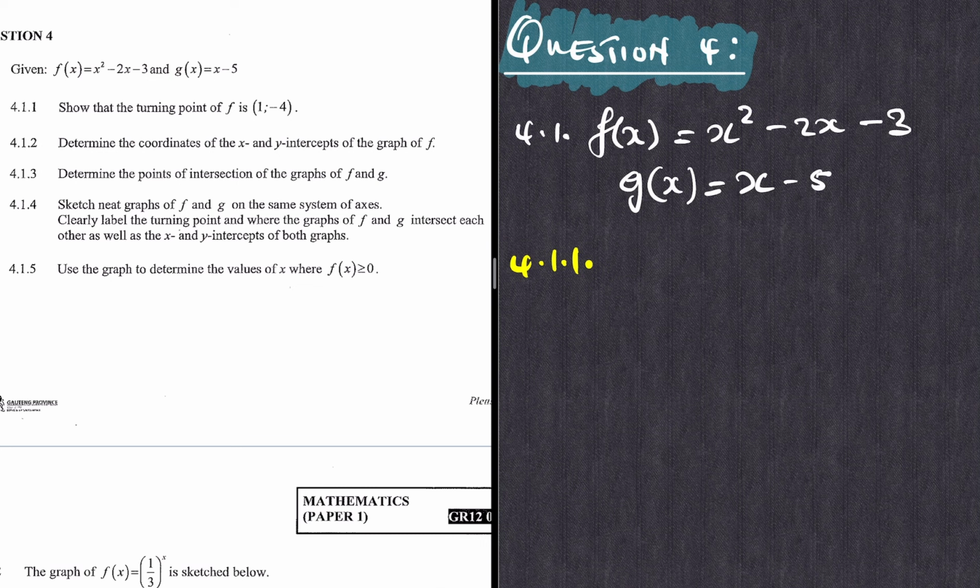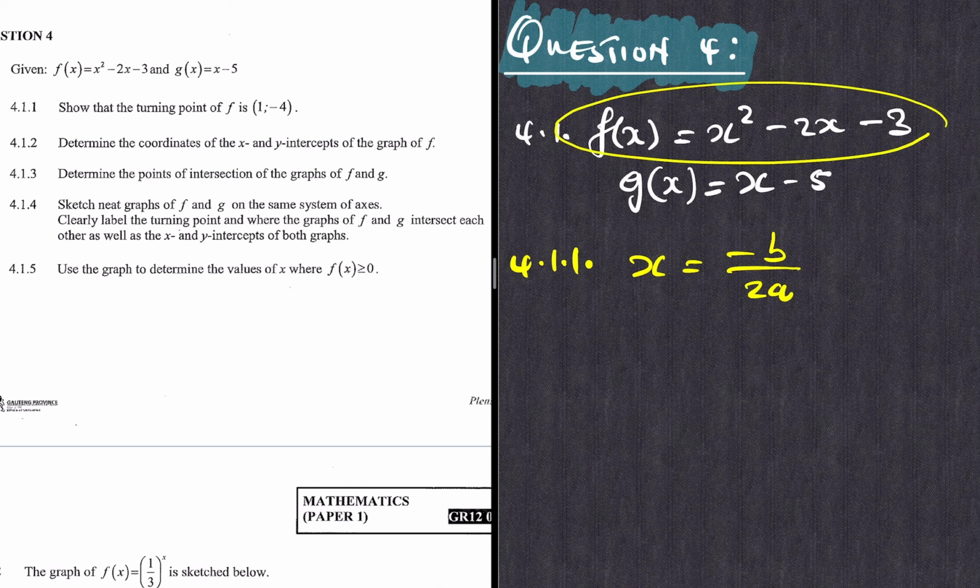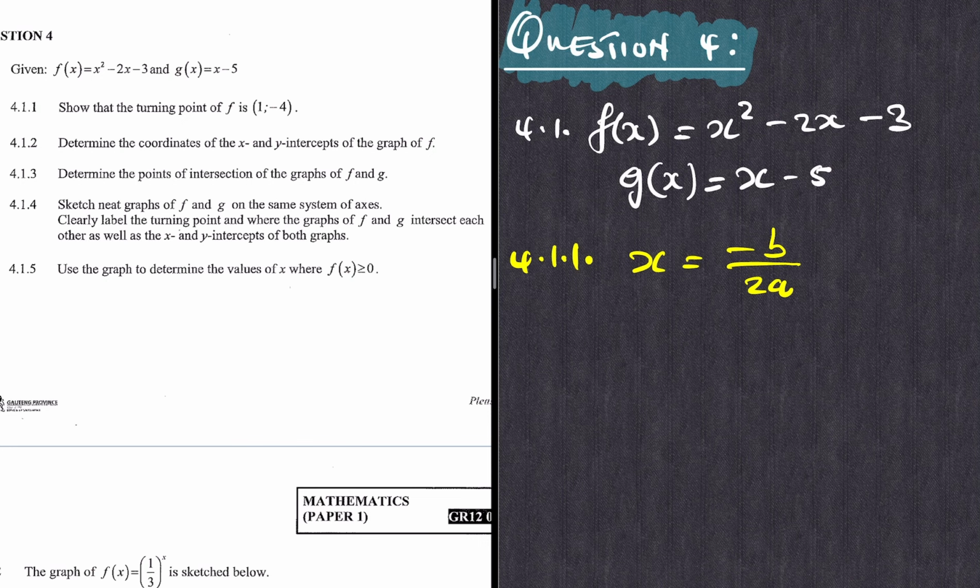Allow me to use the popular one, which is to say that x equals minus b over 2a. We call this the axis of symmetry of that parabola, which is f in this particular case. What is our b? Our b is minus 2. What is our a? Our a is the coefficient of x squared. In this case, it's 1. I'm going to have minus b, and then my b is minus 2.